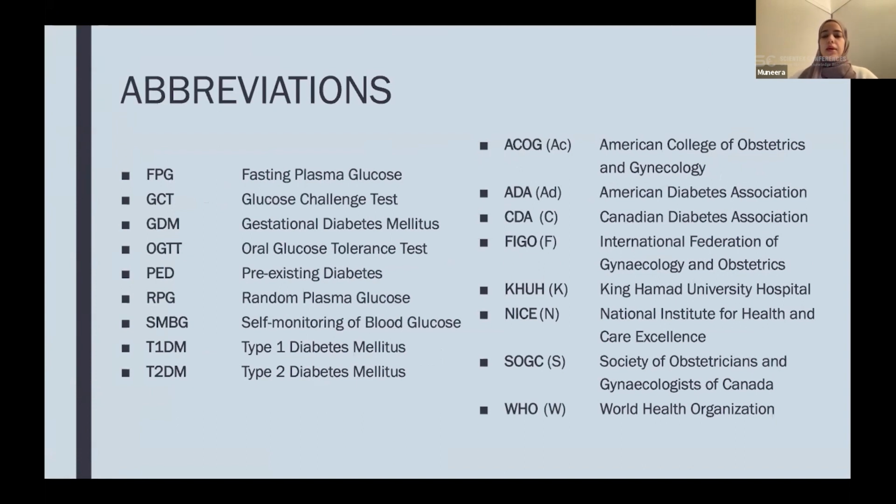We're also going to refer to several international institutes, such as ACOG, which is American College of Obstetrics and Gynecology, American Diabetes Association, Canadian Diabetes Association, International Federation of Gynecology and Obstetrics, our current institute, which is King Hamad University Hospital, and National Institute for Health and Care Excellence, the Society of Obstetricians and Gynecologists of Canada, and the World Health Organization. So as we are referring to these guidelines, we will be using the letters in parentheses.